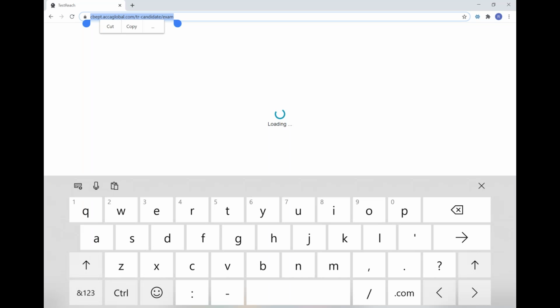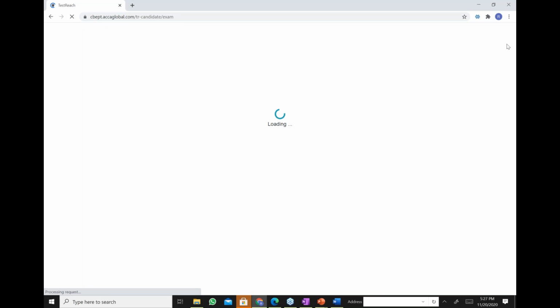I'm just waiting for this to load so that we can start. Okay, it's failing to open. So let's go towards the other option.